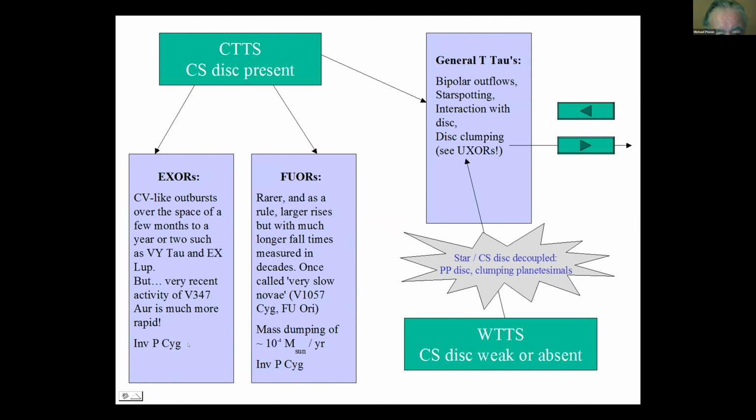The interesting thing about V347 Aurigae is that with the FUors, we think, and with the EXors as well, the downloads are not periodic. But in the case of this particular star, it is. Apparently, it's shown these outbursts about twice a year.